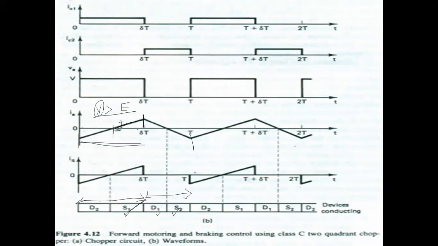Suppose you take the interval from 0 to delta T. The positive armature current is carried by S1, and the negative armature current is carried by D2. From 0 to delta T, IA is negative and positive, so the negative armature current will be carried by D2 and the positive armature current will be carried by S1.